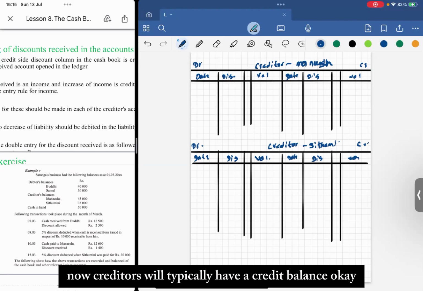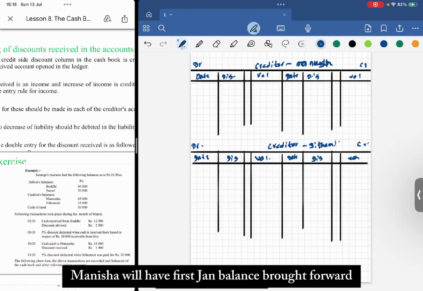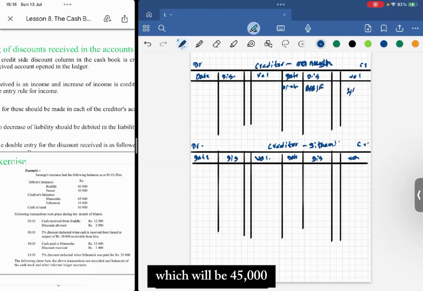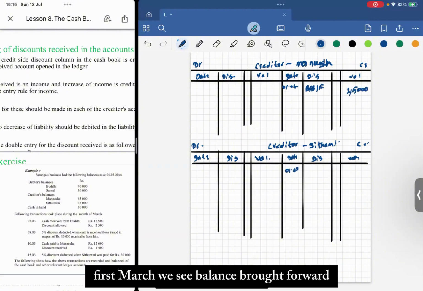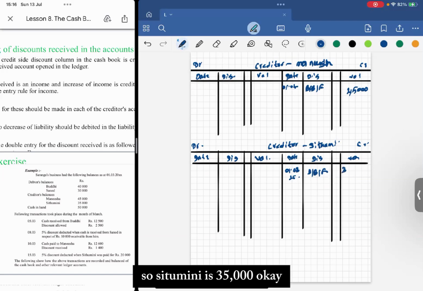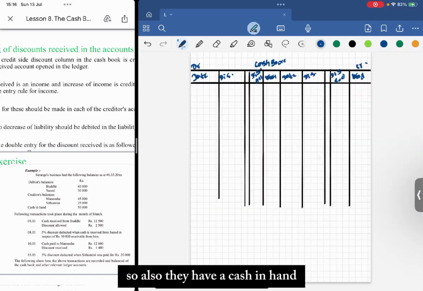Creditors will typically have a credit balance, since they are a liability. So Manisha will have first Jan balance brought forward, which will be 45,000. Here also, Situmini's balance brought forward is 35,000.